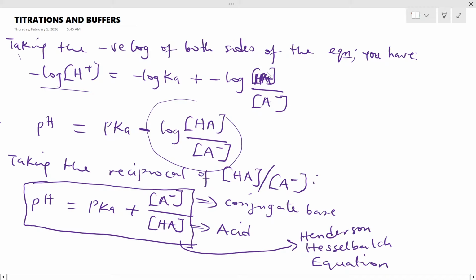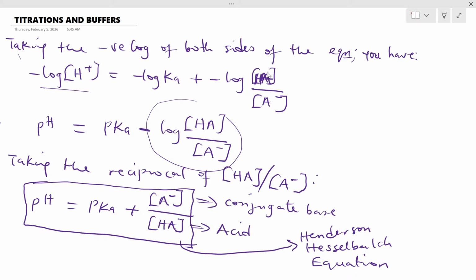Now remember there was a question in your test where I asked you to show stepwise how the Henderson-Hasselbalch equation was derived. We are at that step now.